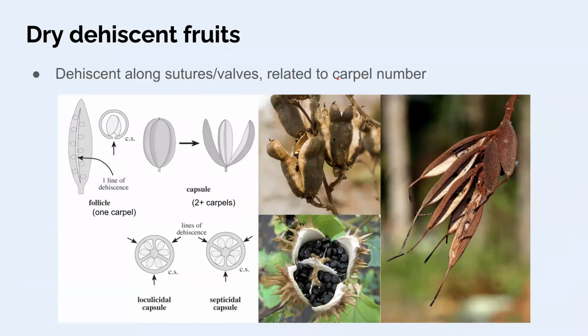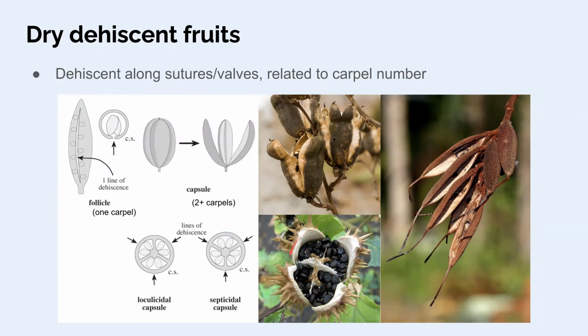In contrast, the other kind of dry fruit category is dry dehiscent fruit. These are fruits that typically contain several seeds, and they break open to release their seeds at maturity. Some examples here, lots of seeds inside of this plant.